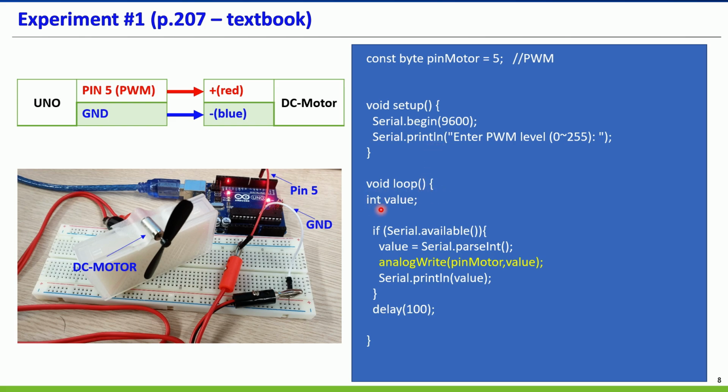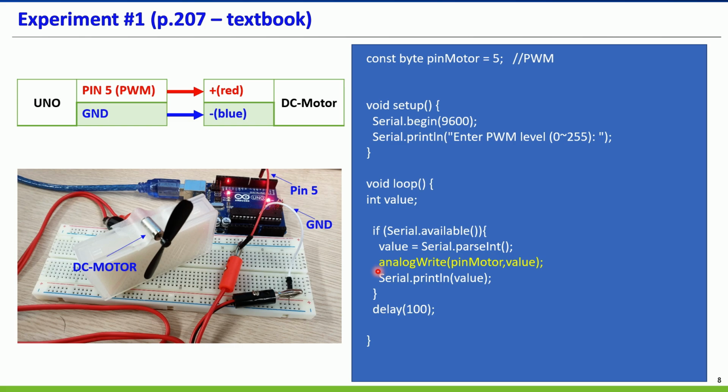And in void loop, just declare the variable value. We have a variable value, int, in here, and if there is an available character, Serial.available, just detect the integer value and store it in the variable value.